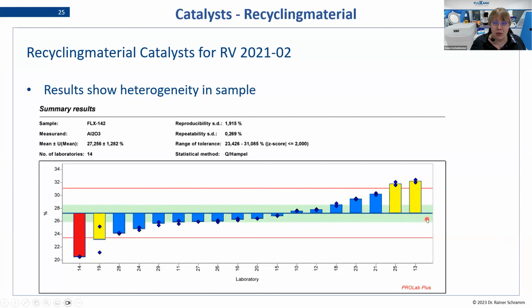I mean, these results include the heterogeneity in the sample plus the uncertainty of each participant of the PT, and it was a very, very interesting proficiency test. The report is available online, so if you're interested in the results or want to chat about these results later, just let me know.